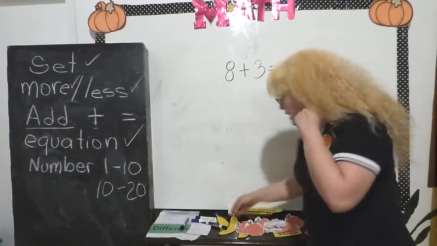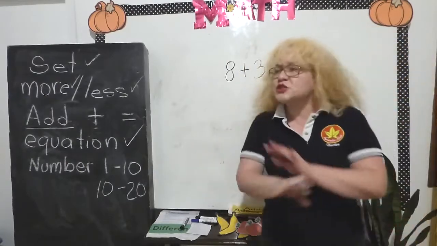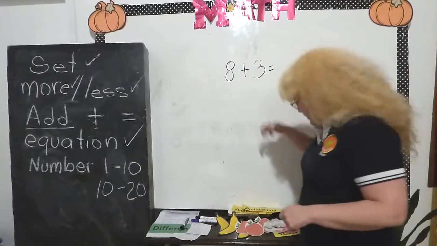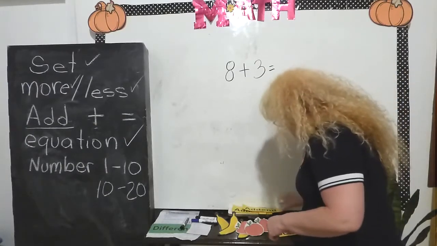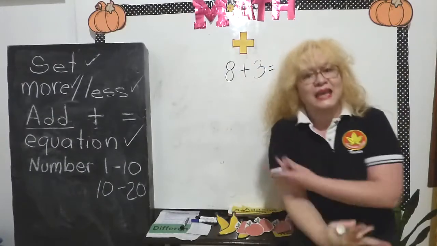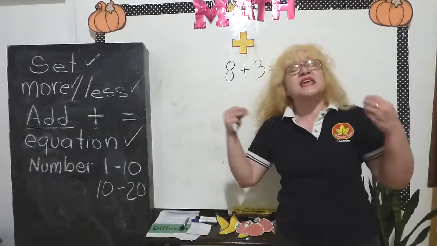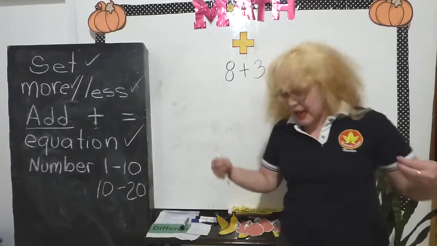Now, there's another thing that I have to tell you. Remember, when you add, when it's a plus, where's my plus here? When you're adding, it doesn't matter how you put the numbers, the answer will be the same.